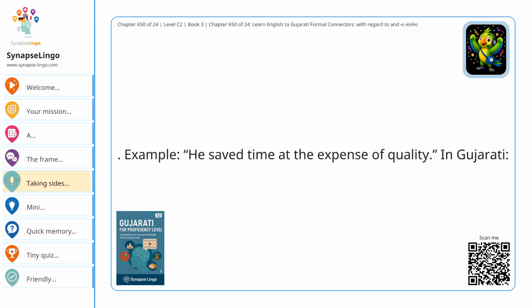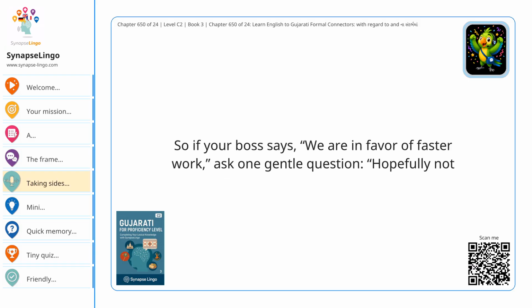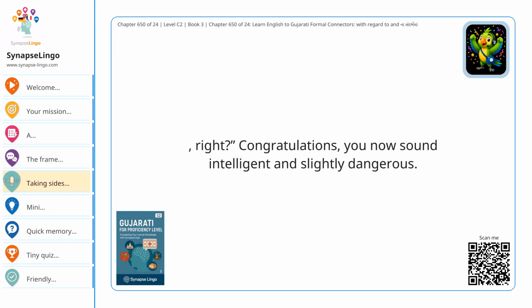Example: He saved time at the expense of quality. In Gujarati: તેણે ગુણવત્તાના ભોગે સમય બચાવ્યો. So if your boss says, we are in favor of faster work, ask one gentle question, hopefully not: ગુણવત્તાના ભોગે. Right? Congratulations, you now sound intelligent and slightly dangerous.